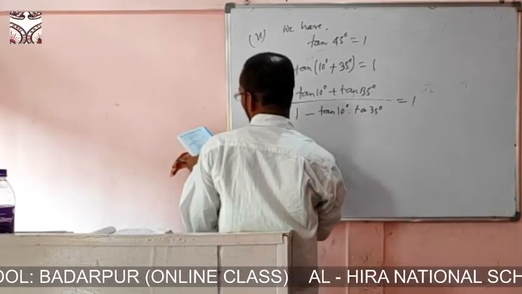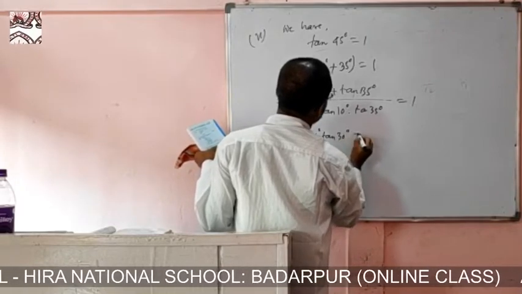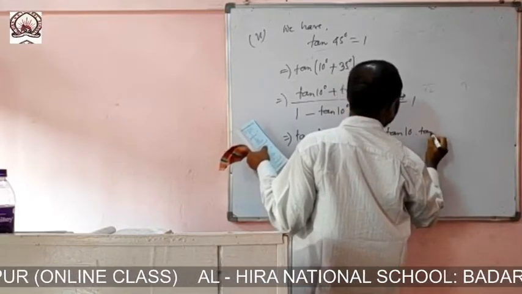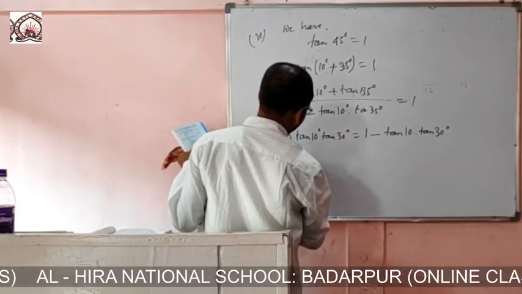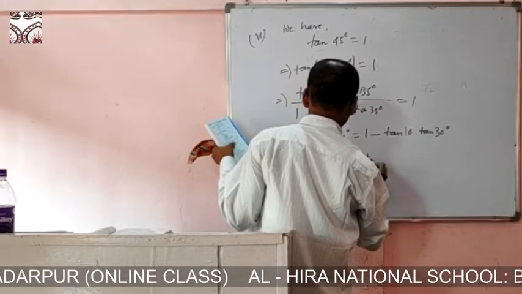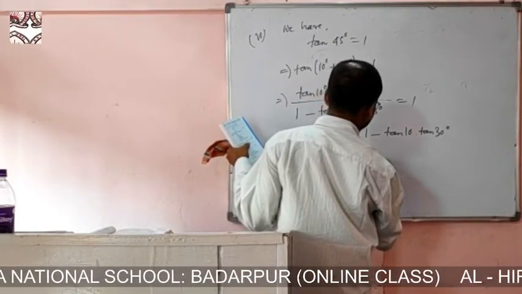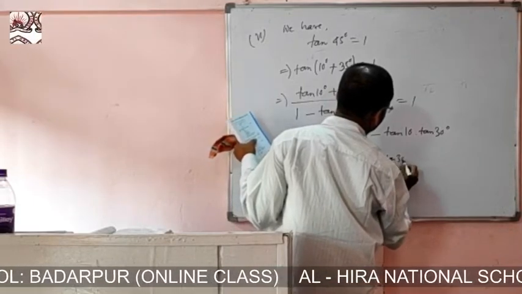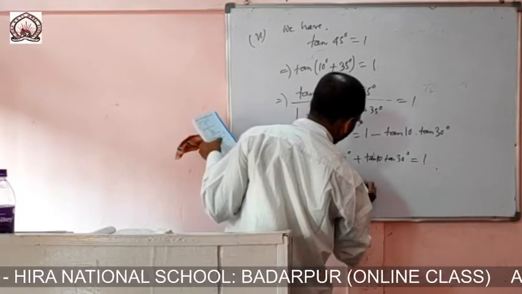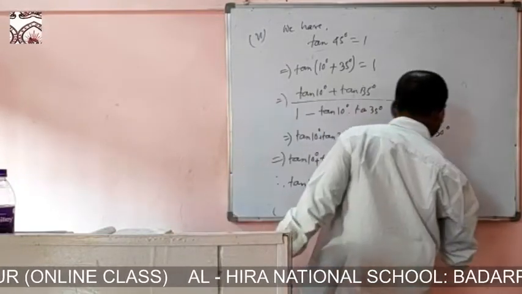So by cross multiplication we can write tan 10 plus tan 35 is equal to 1 minus tan 10 into tan 35. So tan 10 degree plus tan 35 degree plus tan 10 degree into tan 35 degree is equal to 1. So this one is shown.